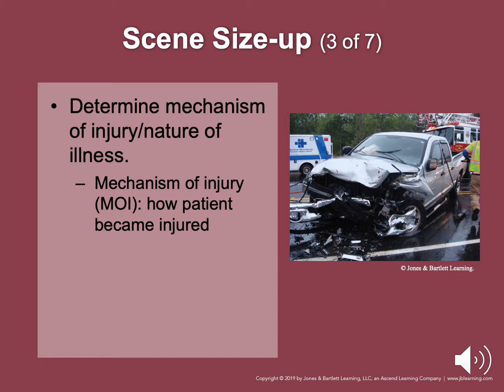You never know. So, the mechanism of injury: traumatic injuries are the result of physical forces applied to the outside of the body, classified according to the type or amount of force applied, the length of time the force was applied, and where it was applied on the body. So you've got to look at what kind of force was applied.